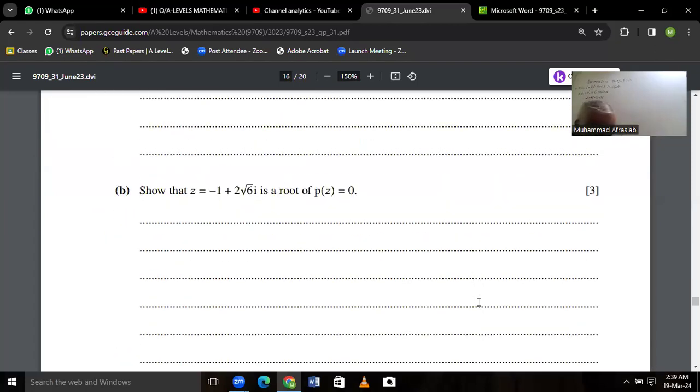Part B: show that z equals minus 1 plus 2 root 6 iota is a root of P of z equal to 0.